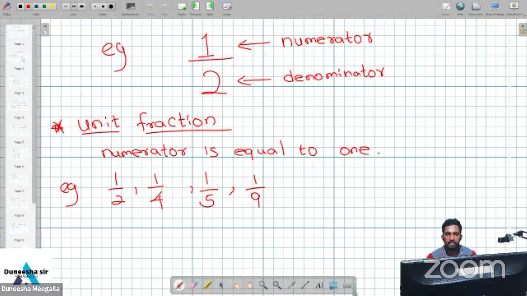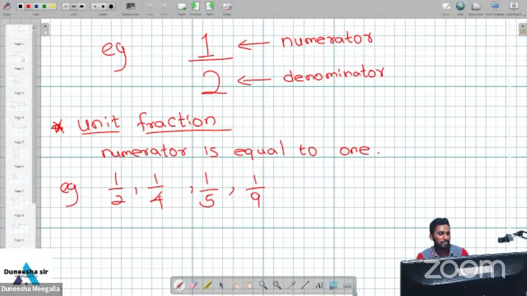Last week we discussed 1/2. What is the name of the 1 in the fraction? What is the name? In 1/2, 1 is the numerator.